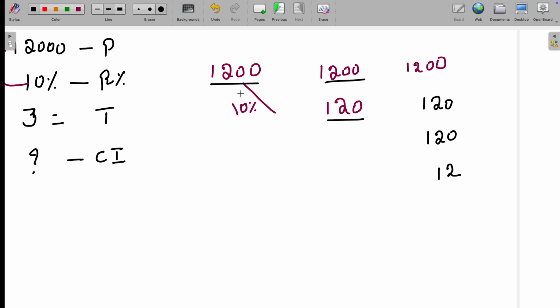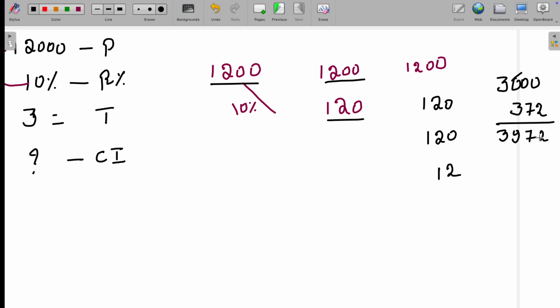So your final answer will be 1,200, 1,200, 1,200, that is 3,600, plus 120, 120, 120, that is 360, plus 12, that is 372. After adding this, how much will it be? 3,972. Correct?